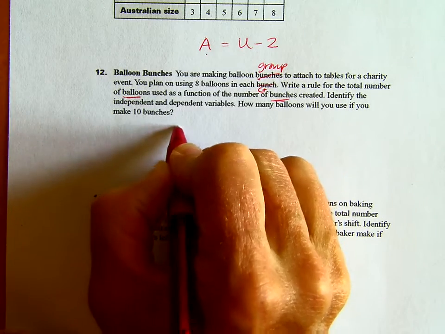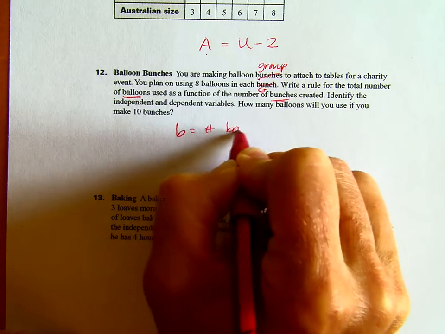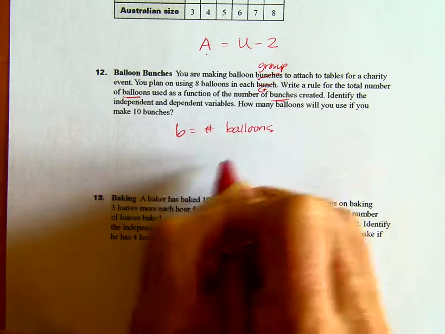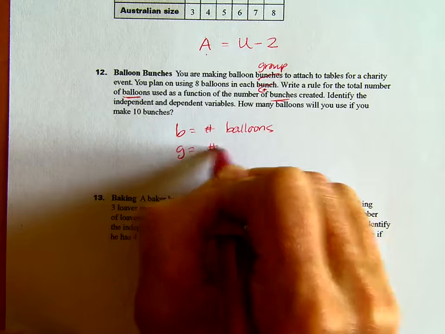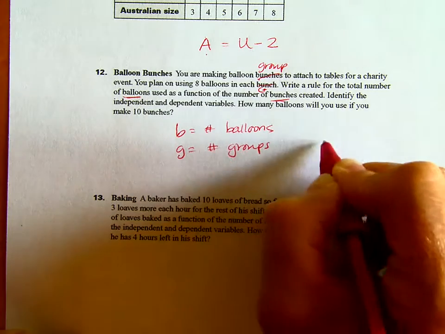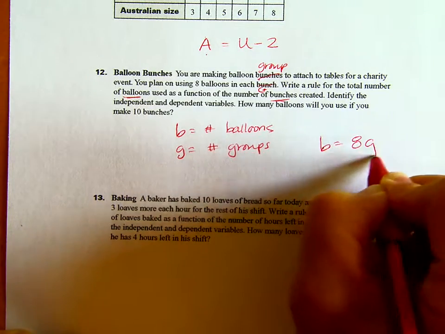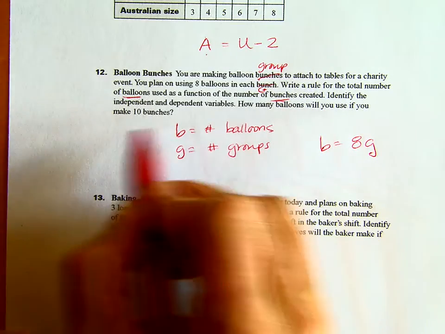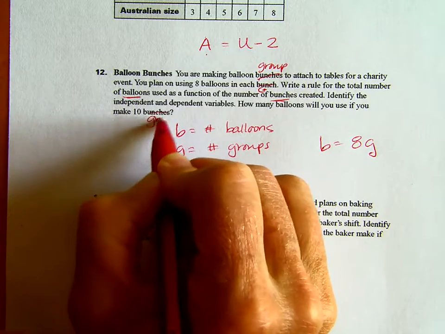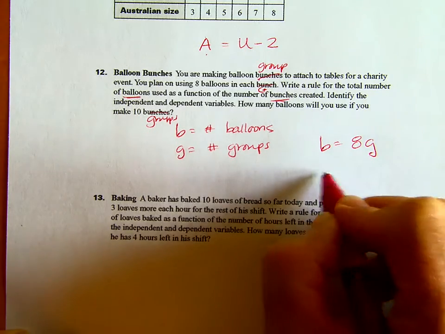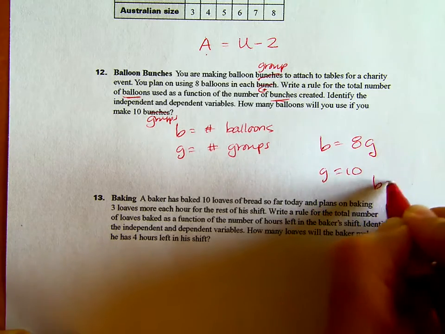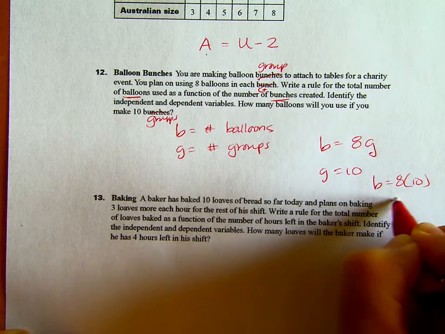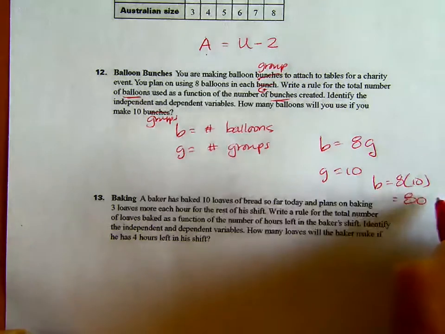So if B equals the number of balloons, and G equals the number of groups, then the total number of balloons is 8 times the total number of groups. How many balloons will you use if you make 10 groups? Well, in this case, if G equals 10, the number of balloons is 8 times 10, which is 80 balloons.